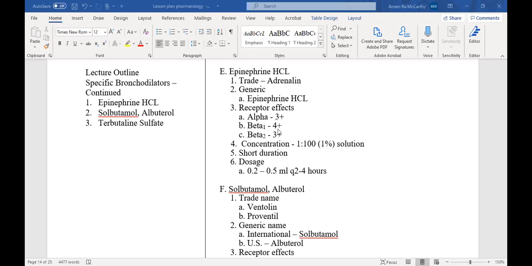Beta 1 +4, massive heart effects. And beta 2 +3. So not only is the liquid epinephrine going to give me massive vasoconstriction and massive beta 1, which is heart strength and heart rate, it's also going to give me a moderate amount of bronchodilation, but I'm not going to take it for that. We're taking liquid adrenaline or epinephrine HCl for people who are about to die.